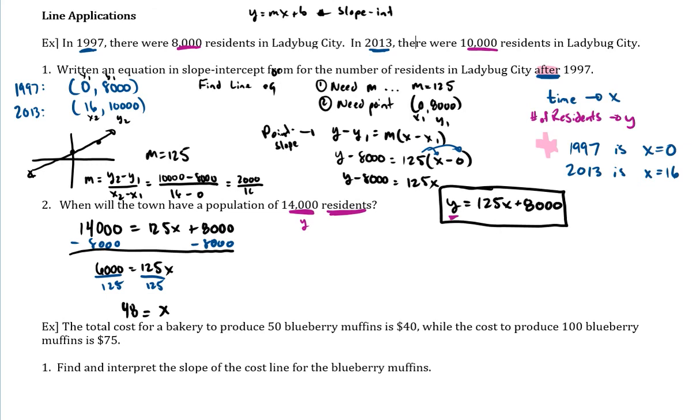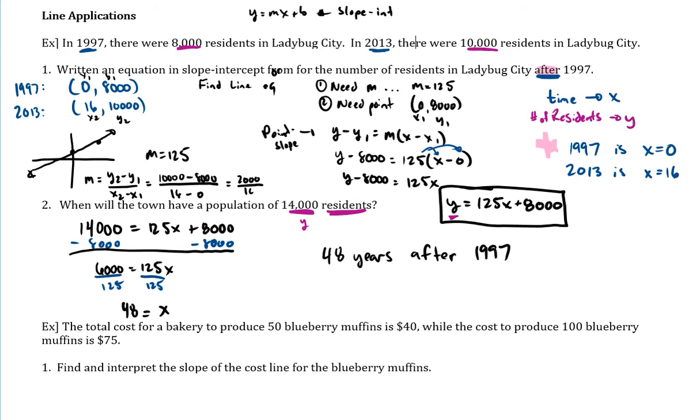Okay, so we've got 48 like that. But we need to make sure that we have the correct answer in the correct form. So what this 48 means currently is this is 48 years after their initial year that they wrote about, the 1997.